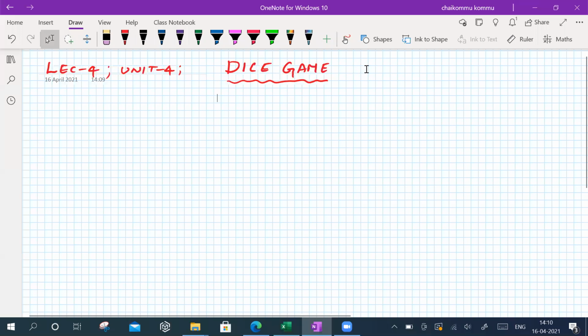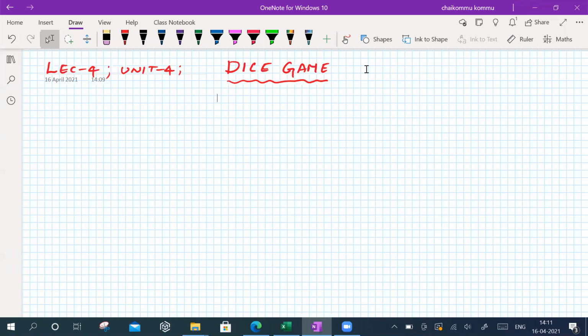So what is this dice game? Everybody knows that. In the dice game, we have to take 2 dice, each die consisting of 6 numbers, and we have to roll the 2 dice. A certain number will come, and depending upon the number, you may win the game or you may lose the game. That is the basic idea.